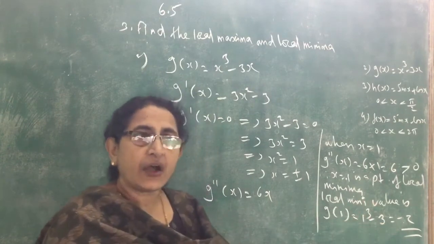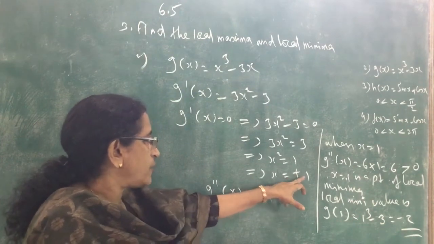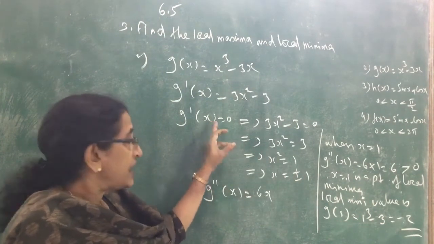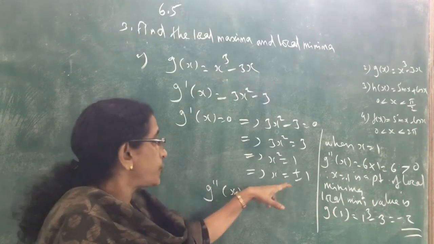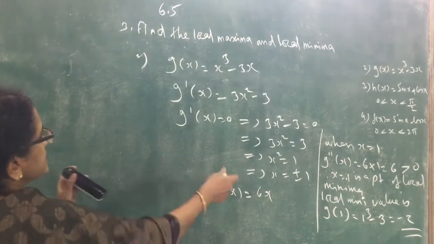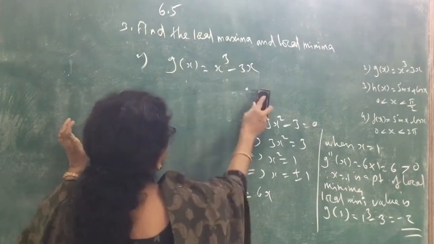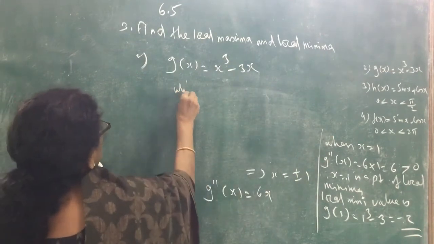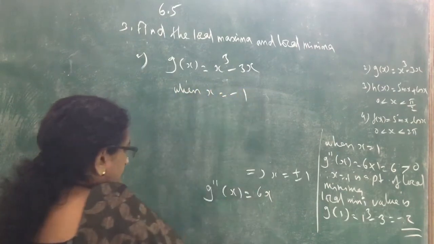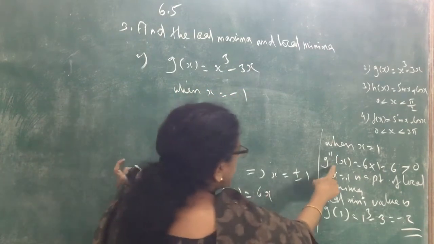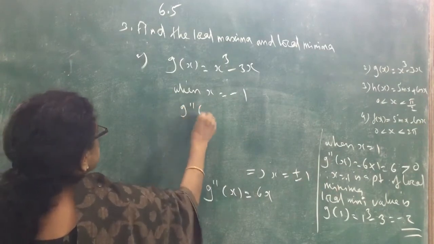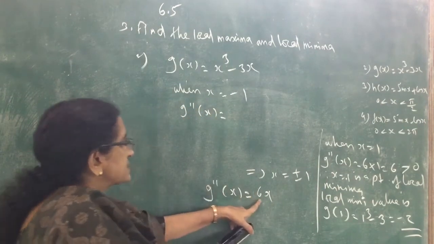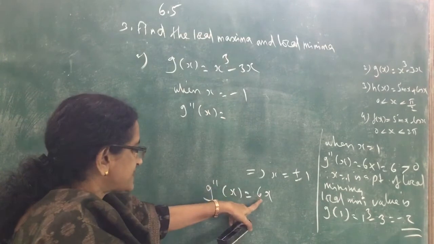Now there is one more value of x for which the derivative is 0. Now we check the second point, x equal to minus 1. We substitute it in the second derivative, 6x.